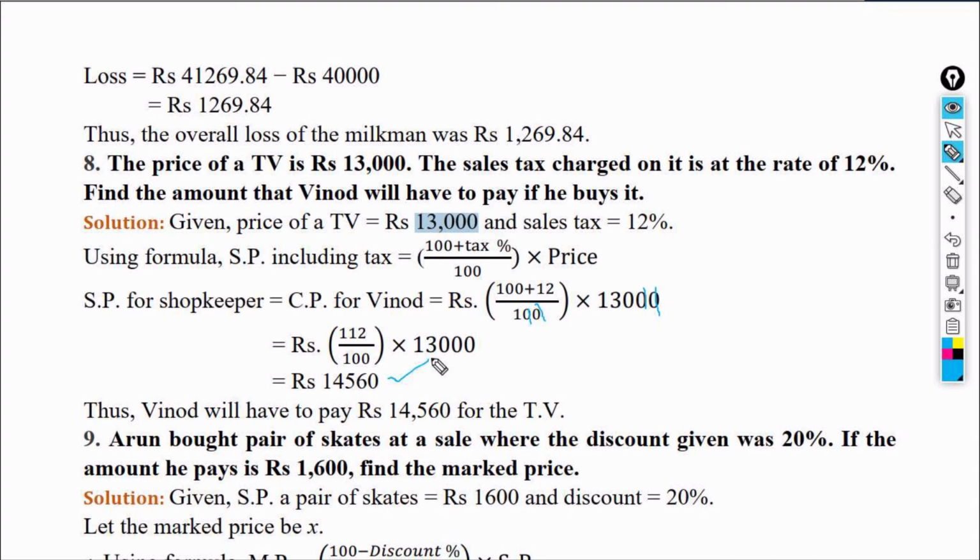Then the selling price, or you can say that amount Binod has to pay, is 14,560.